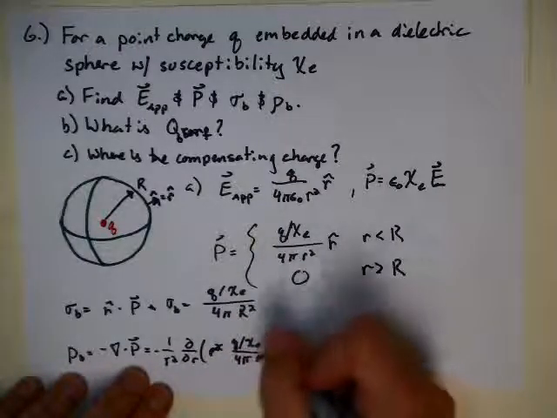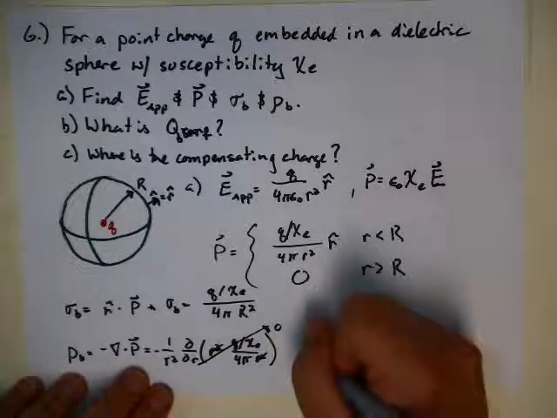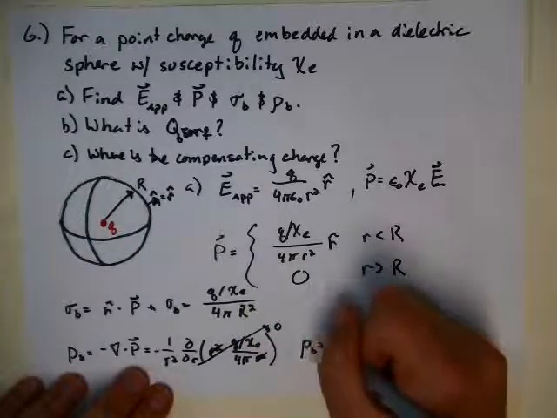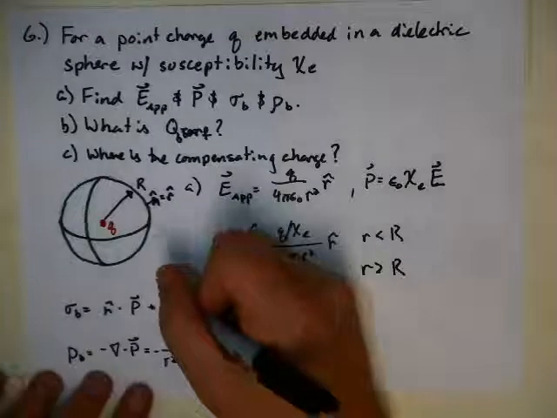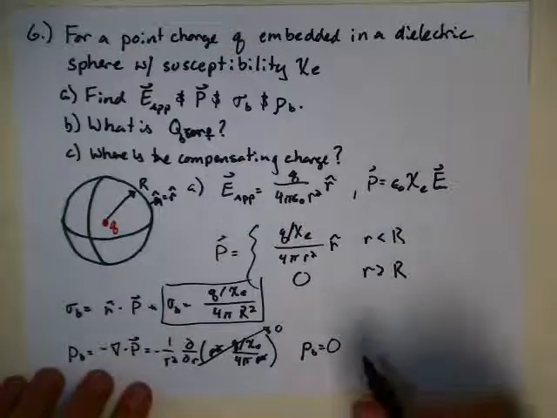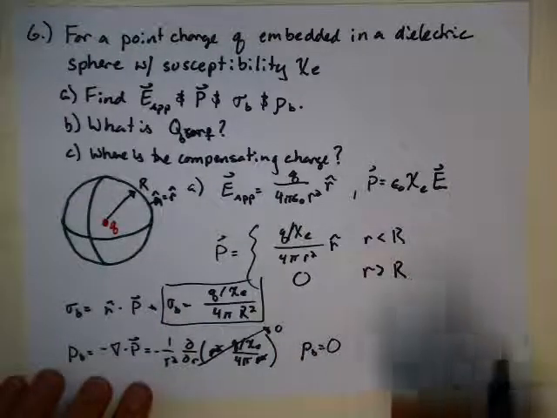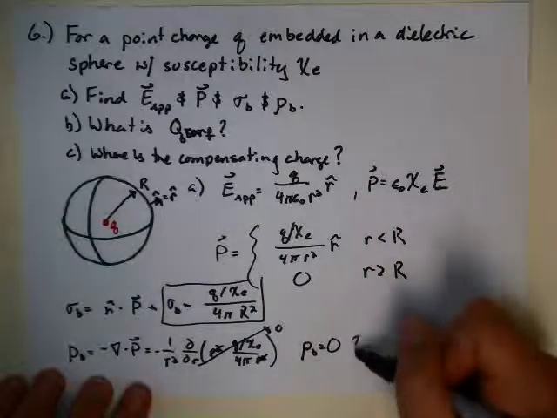Well, the r squareds cancel, and this is going to give 0. And so I'm going to find, for the most part, that rho b is equal to 0. Now there is a little bit of a swindle I've done here that I'm sure some of you caught, but hopefully not everyone caught, because that's the answer to part C. And so we'll have to put a question mark by that for a moment.